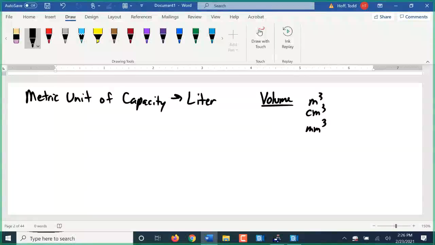To make a link between them, they defined 1 milliliter to equal 1 centimeter cubed. And actually, that's not how they defined it. It just worked out to be that way. What it really ended up to be was 1 liter is 1 decimeter cubed.